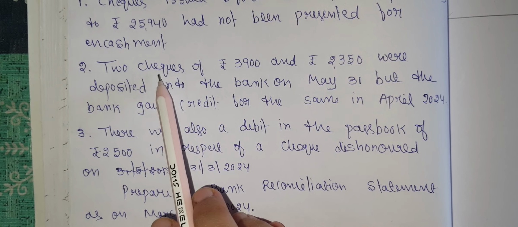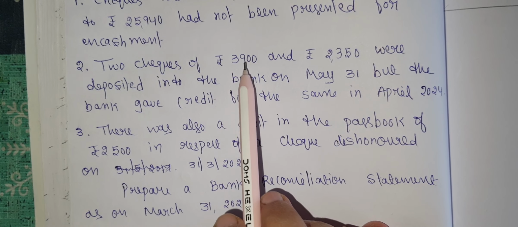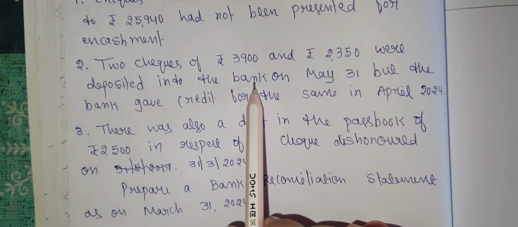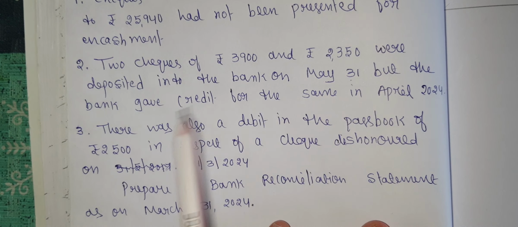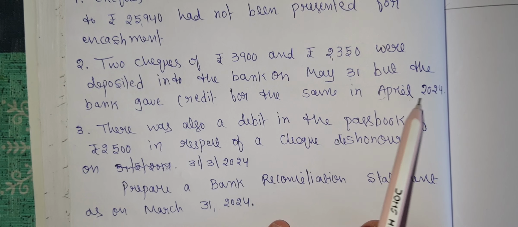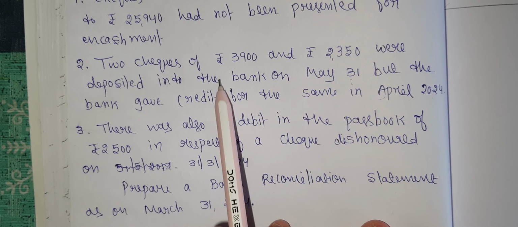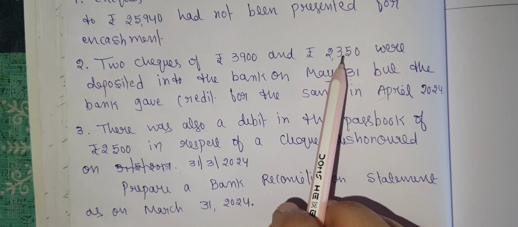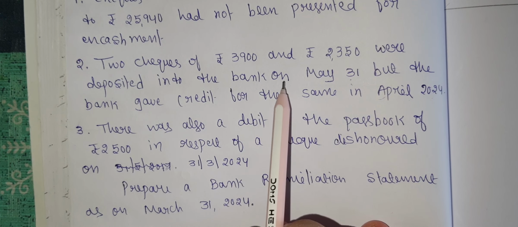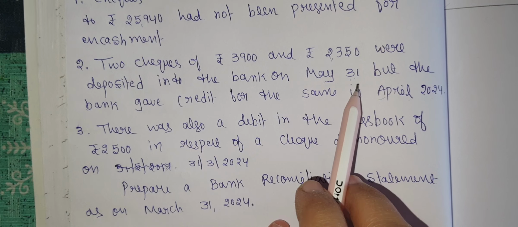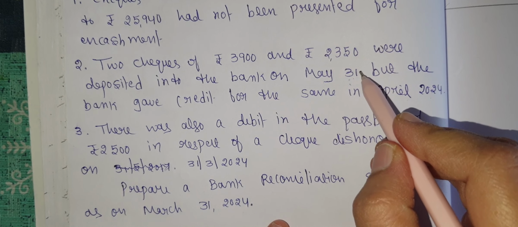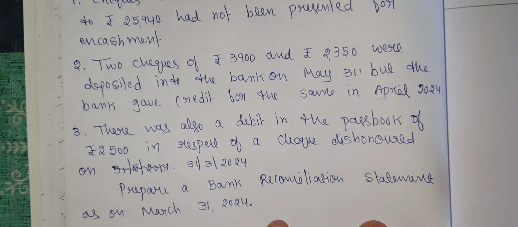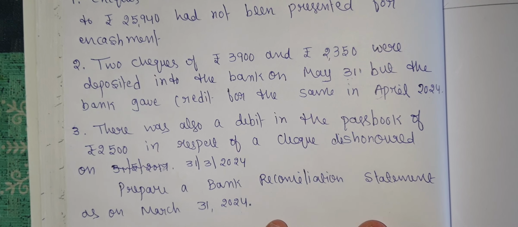And the second transaction is: two checks of rupees 3,900 and 2,350 were deposited into the bank on March 31st, but the bank gave credit for the same in April 2024. Till here we have to record the transaction, but the bank gave the credit in April 2024.